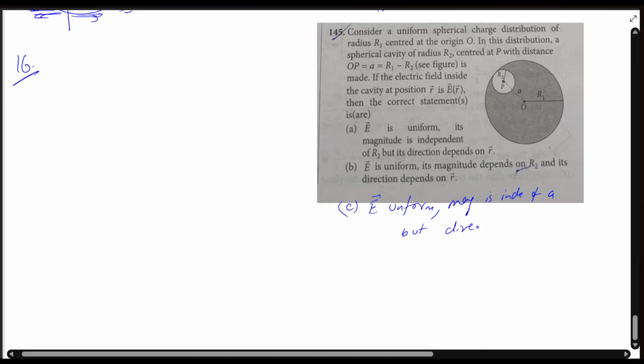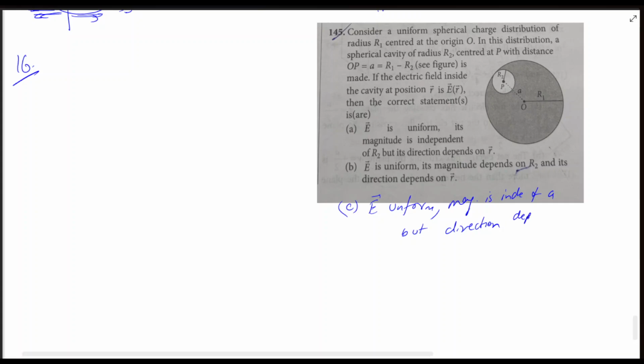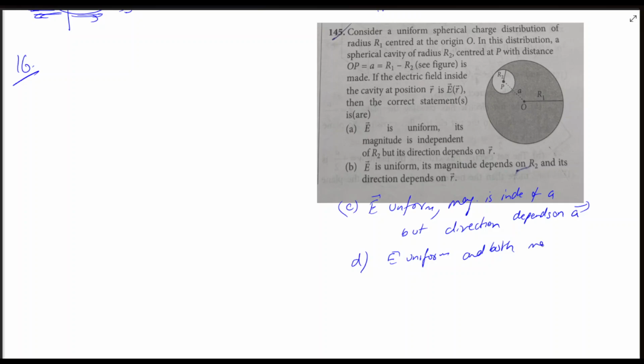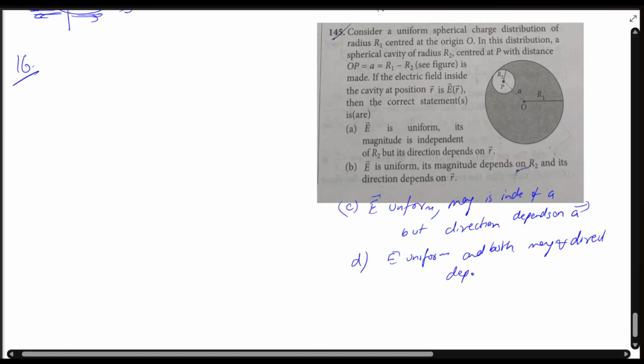So it will be: E uniform, magnitude is independent of A, but direction depends on A vector. D, E is uniform and both magnitude and direction depend on A. So A is this.